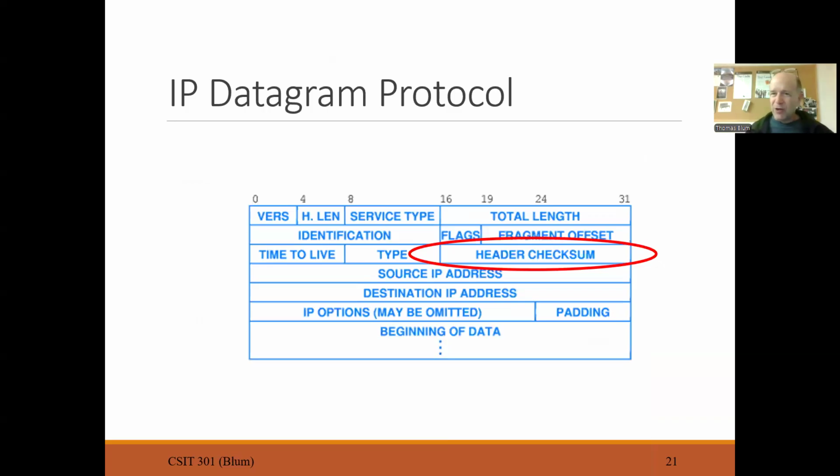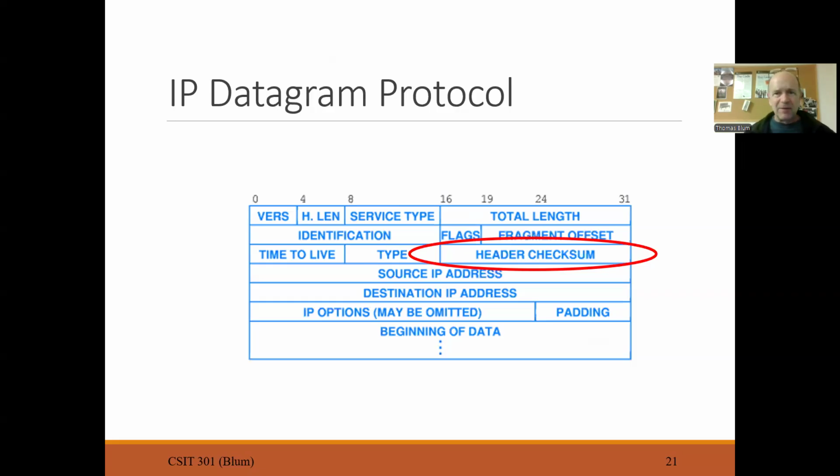Just showing you where such a thing arises: it is part of the internet protocols. The IP datagram protocol has a checksum in the header. That is an error detection scheme to see, when you're using the internet and sending these IP datagrams around, did they arrive safely?